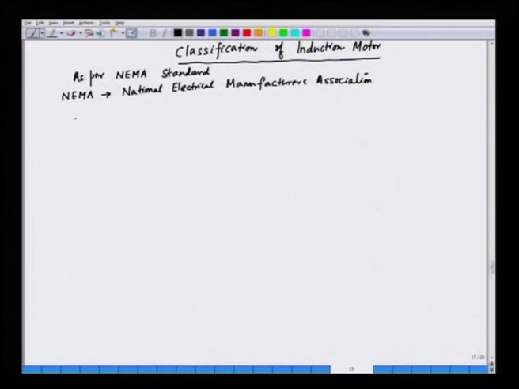Class B has got normal torque, normal slip, and normal locked ampere.